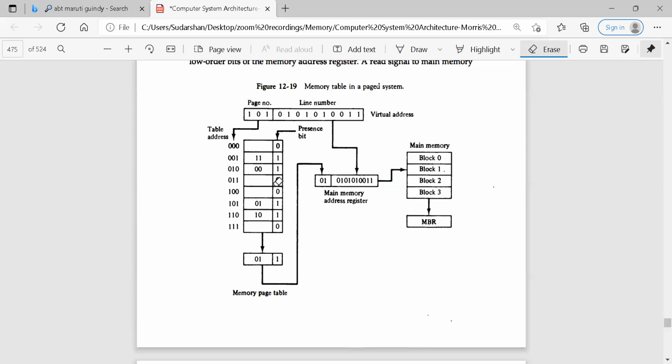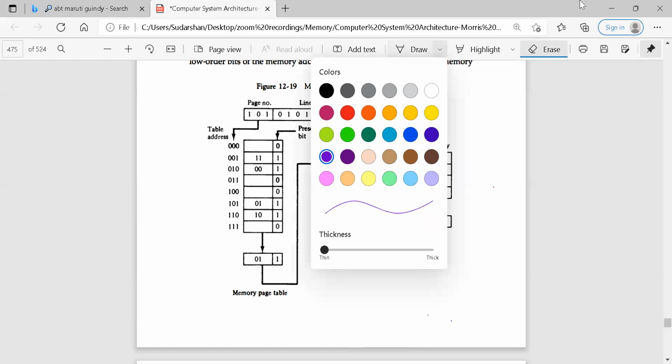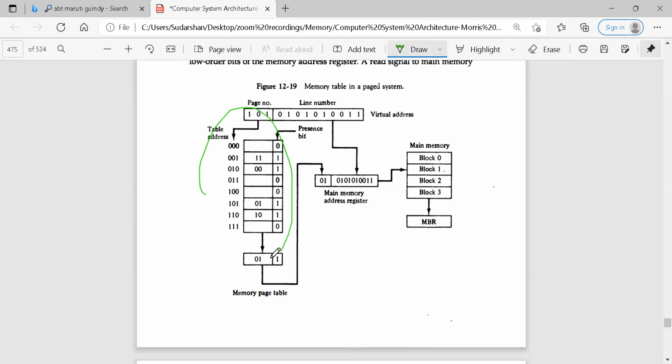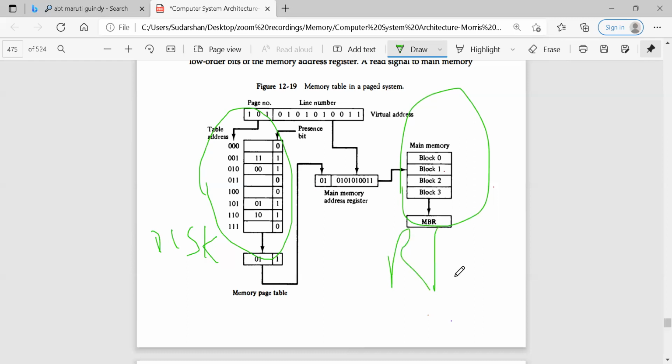That means my whole program of 8 pages resides in disk. That's my secondary storage. This is your main memory, I can call it your RAM.